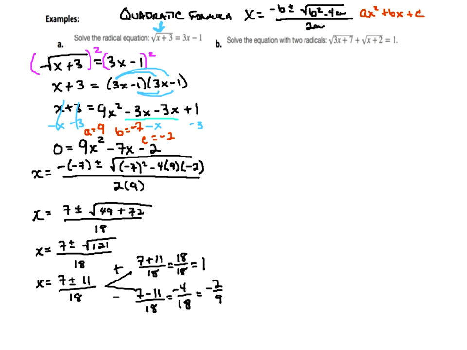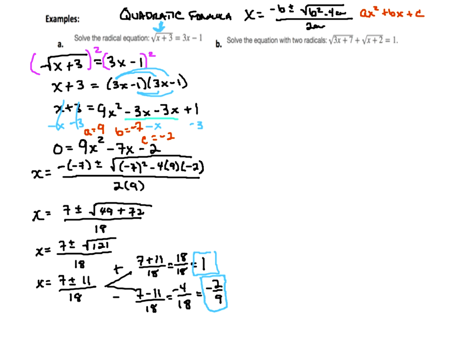However, the only one that's in question, I'm okay with 1, because 1 plus 3 is 4, and the square root of 4 is 2. The one that's in question is negative 2/9. However, I'm adding it to 3, and so that's not going to be a negative number. I'm actually going to be taking the square root of a positive number there. So both of my solutions that I found are fine.